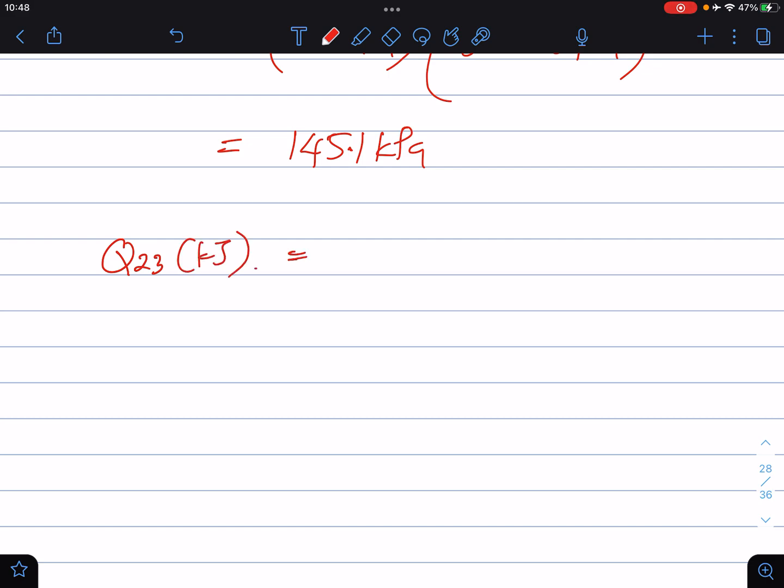So the small q, we just use Cp, since this is a constant pressure, T3 minus T2, so Q23, or this is a Q in set. But since we want the unit in kilojoule, means that we need to multiply with the mass here. Otherwise you just get the unit in kilojoule per kilogram. So make sure this is unit, because this is a constant pressure process.